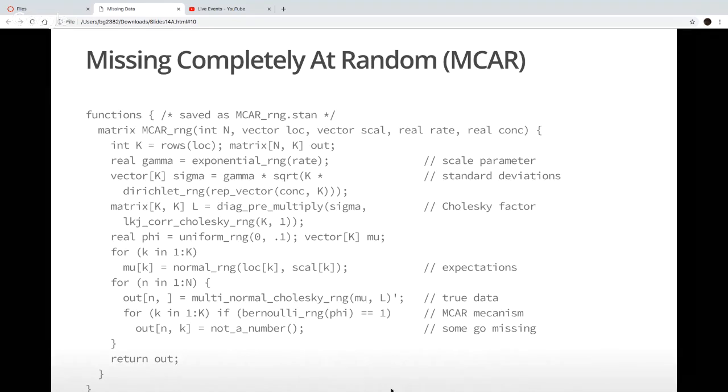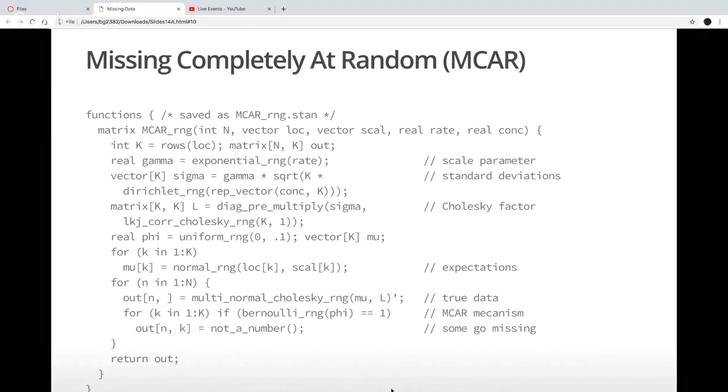And so here is a function written in the Stan language for how we think the data would be generated under the so-called missing completely at random or MCAR assumption, which we'll get to toward the end of this function. So this is going to return an n by k matrix.